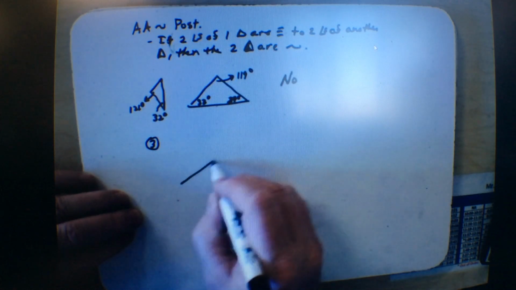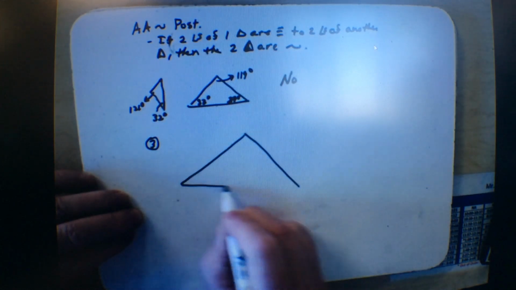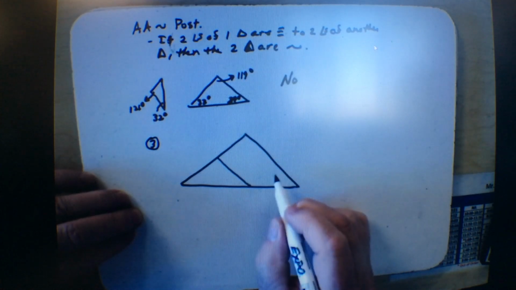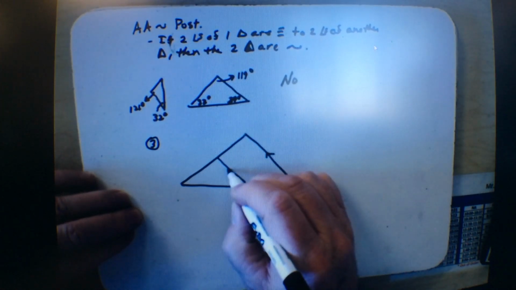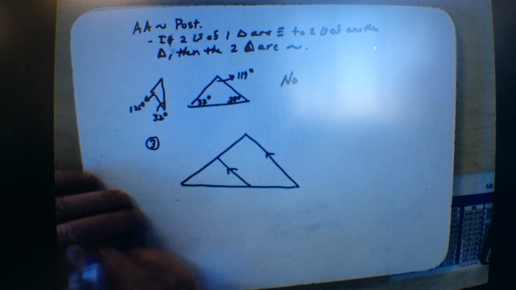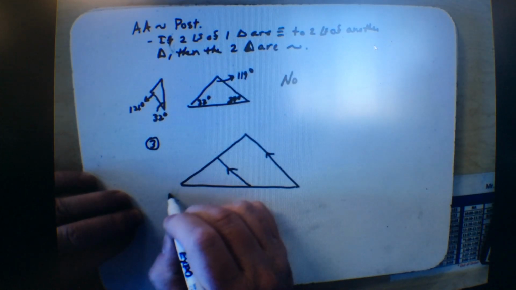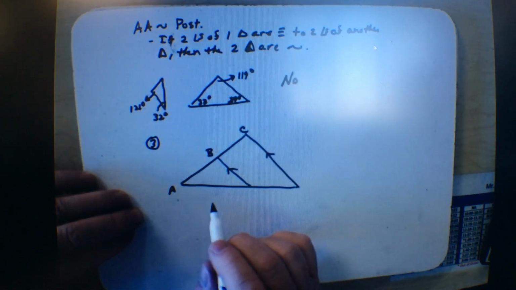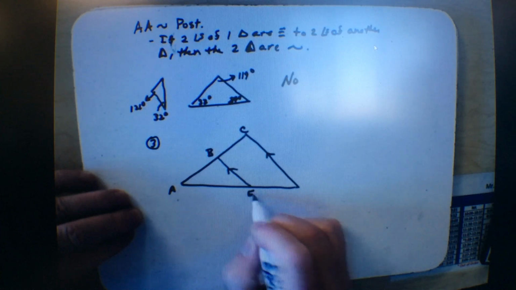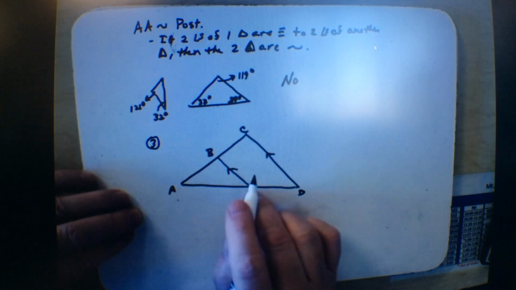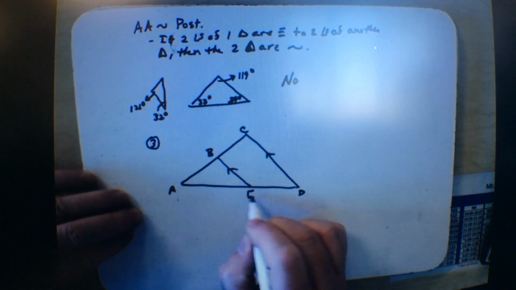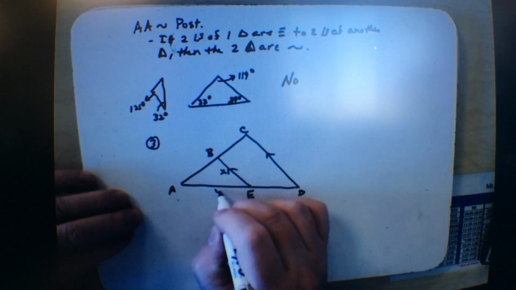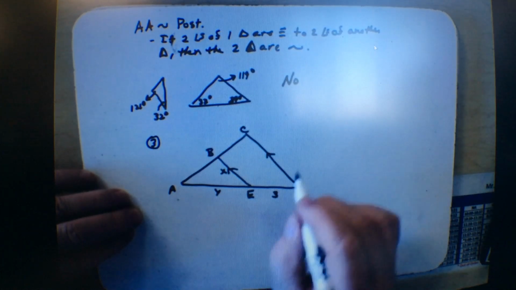I'm going to draw the figure like this and try to make it big enough that I can put the angles in. They tell us that these two are parallel. This is A, this is B, and this is C. This is E, and this is D. We also know that this is X, this is Y, this is 3, and this is 3.5.